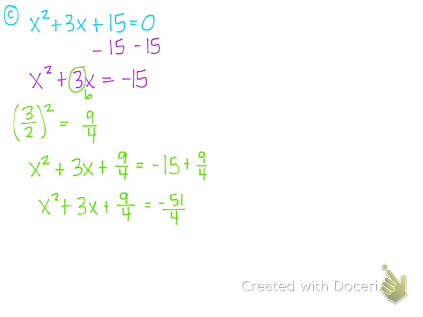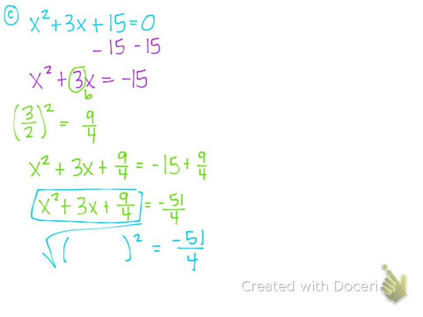Now, I'm going to go ahead and tell you, whenever this happens, whenever you've got your trinomial that you know is going to factor to x plus or minus something squared, because that's the way we set up our new constant, and you have it equal to a negative number, that means that when we solve it and take the square root of both sides, we're taking the square root of a negative.